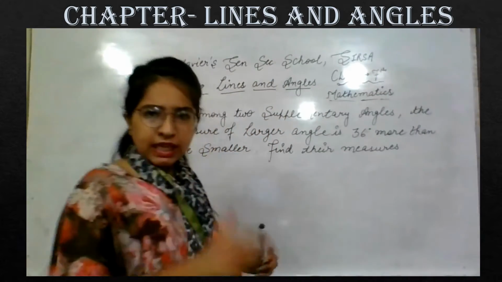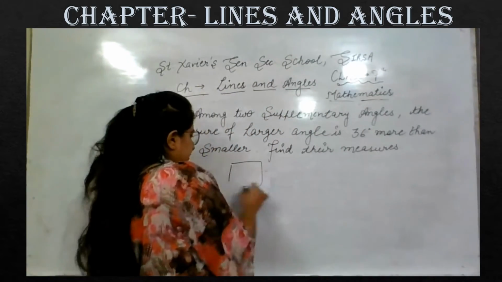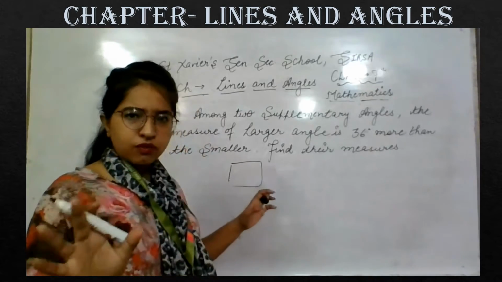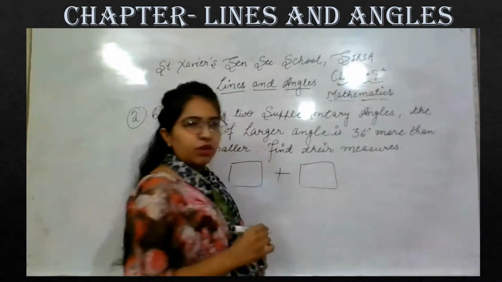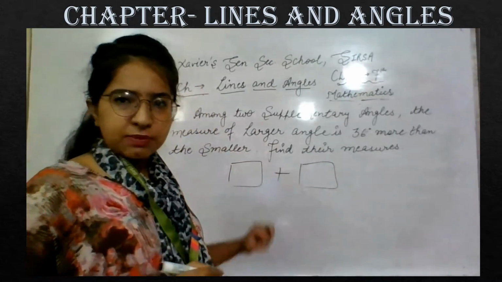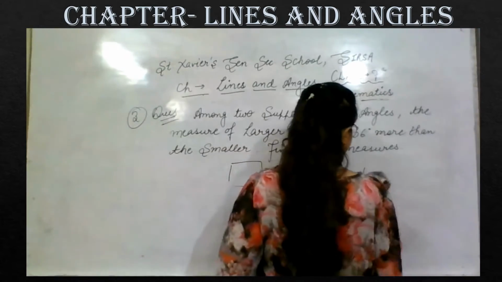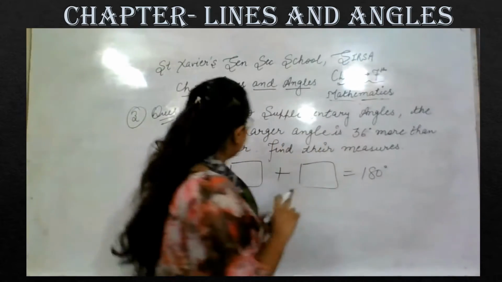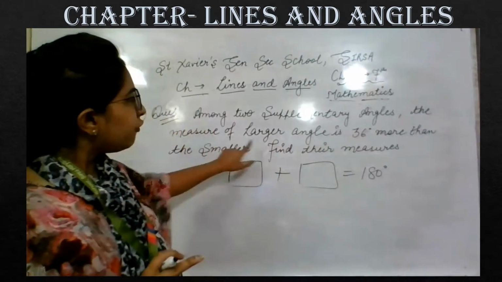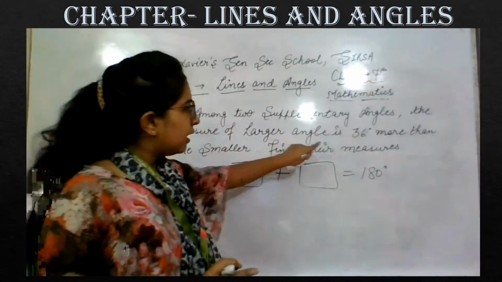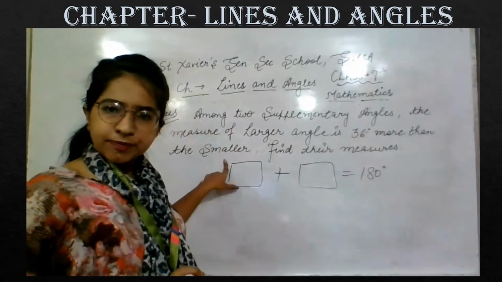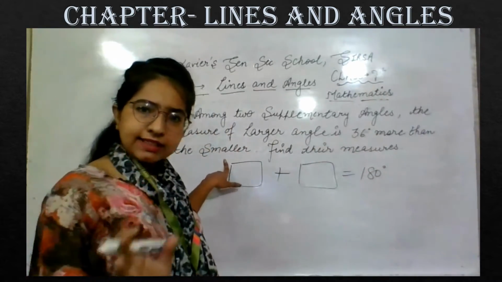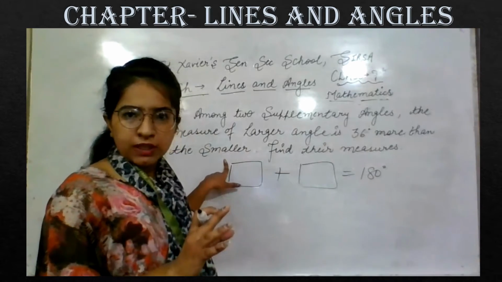So first angle, I'm taking box, just for your explanation, and second angle, the sum of these two angles must be 180 degree. Now listen, measure of larger angle is 36 more than the smaller one.